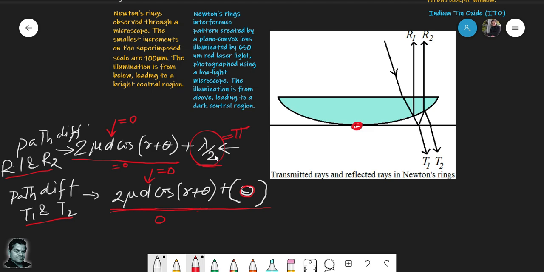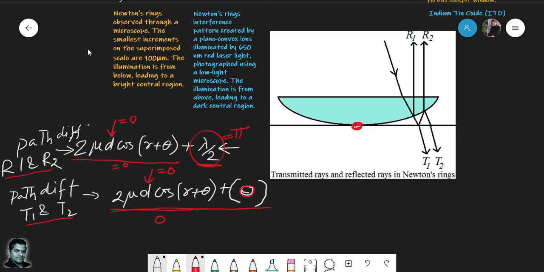So in case of reflected light at the center, destructive interference happens, and that's why the center is dark. On the other hand, in case of transmitted light, there is no path difference between the transmitted rays from the center, and that's why they interfere constructively. That's why it appears to be bright at the center for the transmitted light.